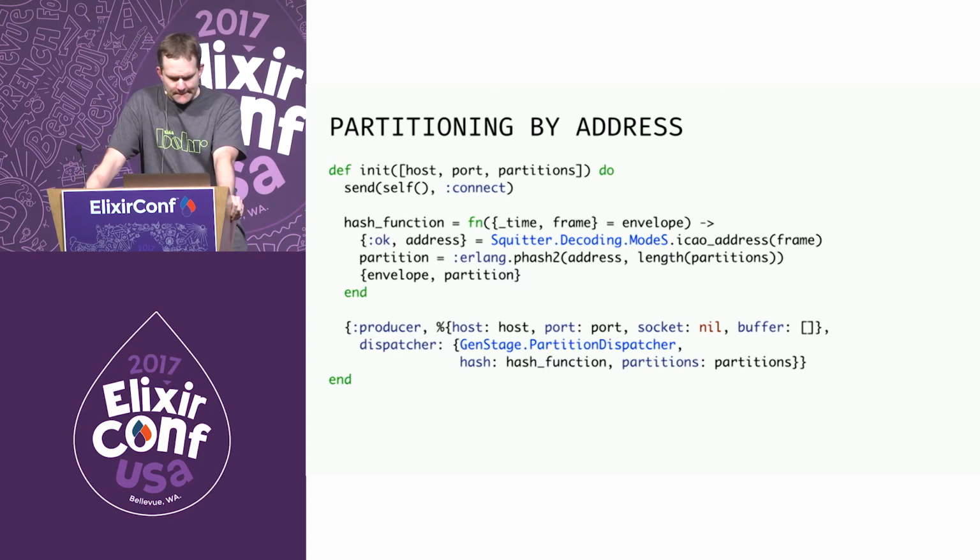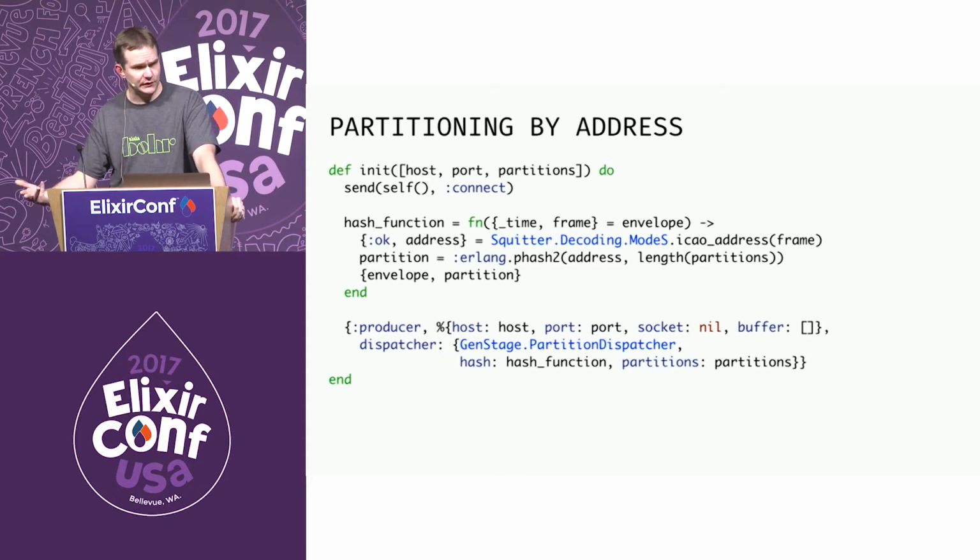Doing this means that basically that :erlang.phash2 function is guaranteed to return the same integer for the same input. And then the second parameter on that phash2 call just basically restricts it to the range that's between 0 and range - 1. And for this case, it's the number of partitions that I'm using.